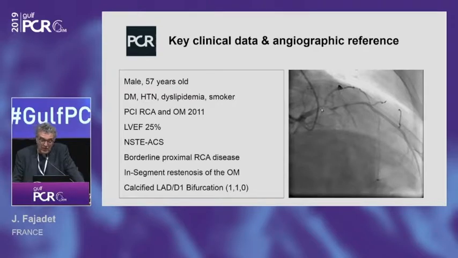That's a bifurcation Medina 110 if you consider that the ostium of the diagonal branch is less than 50% narrowing angiographically.